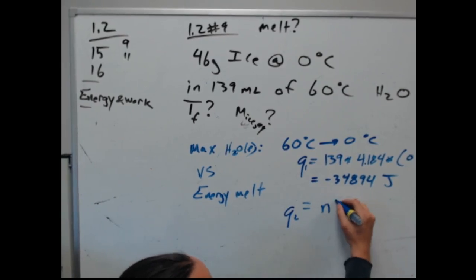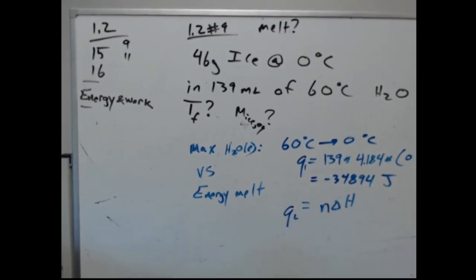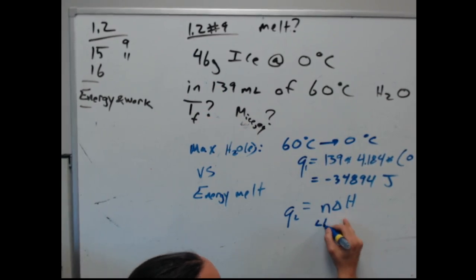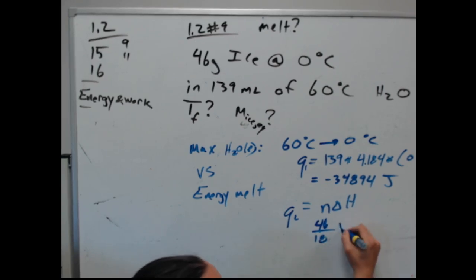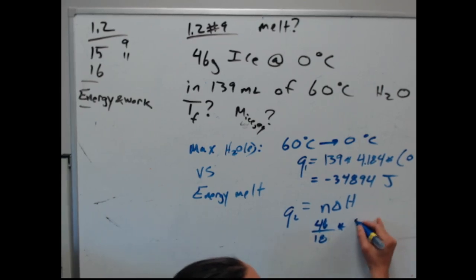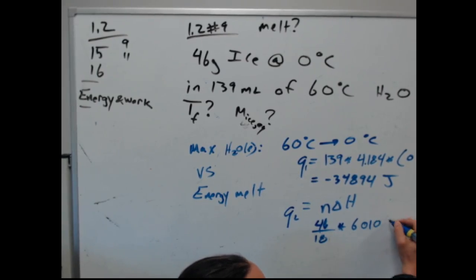This is going to be n delta H. I'm going to do my mass of ice of 46 grams divided by the molecular weight of H2O times the delta H for ice, which I happen to know, the enthalpy of fusion for ice, is 6.01 kilojoules. I'm going to turn that into 6010, so it's joules per mole.